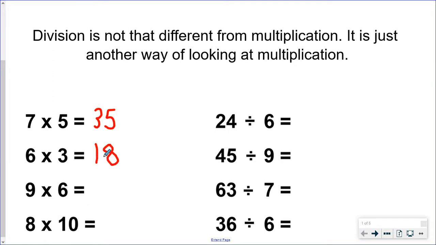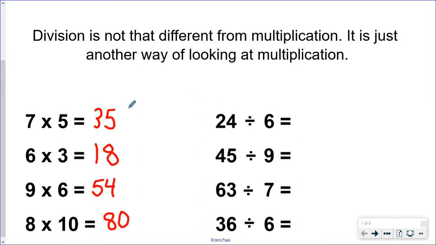The next one I have is 9 times 6, and 9 times 6 is going to give me 54. And then our last multiplication problem here is 8 times 10. 8 times 10 is going to give me the answer of 80. So multiplication is just taking my two factors here, 7 and 5, multiplying together, and it gives me 35, and so on and so forth.